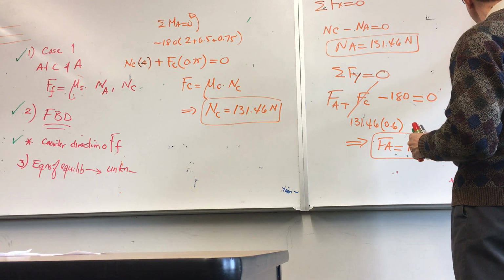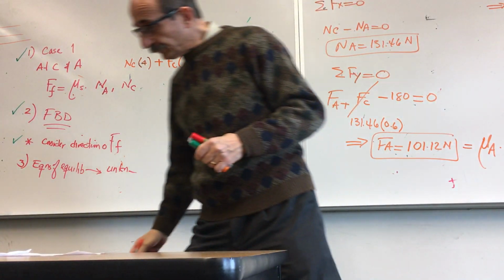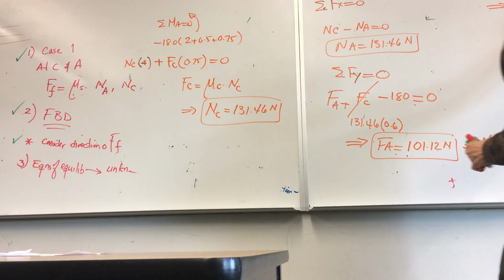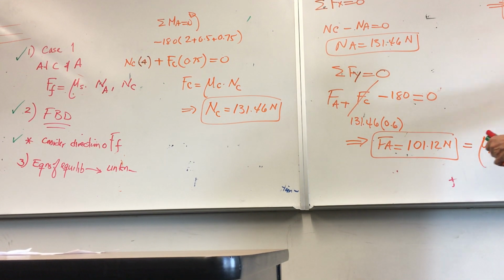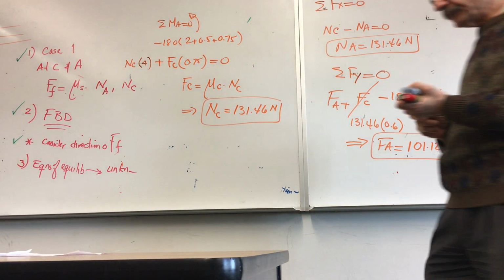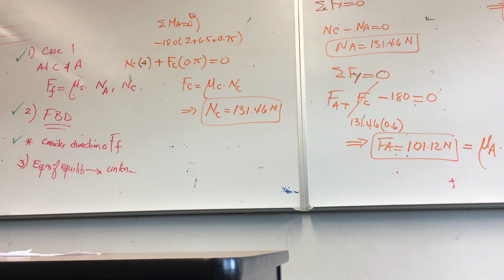So that will give you mu at A, which you can find to be 0.77. So in order for that guy not to slip, he needs a belt that generates a coefficient of friction between that and the pole of 0.77. Any questions? So that's type 1 problem.